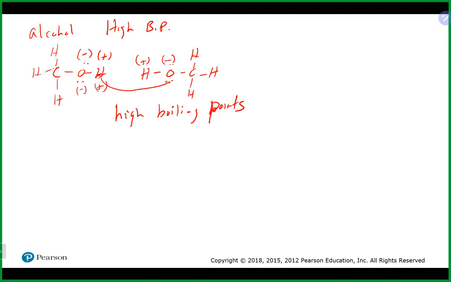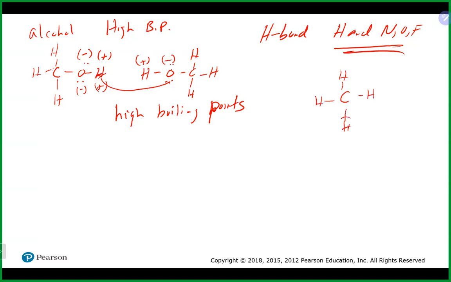In order to hydrogen bond, you need a bond between hydrogen and nitrogen, oxygen, or fluorine. So just because something has hydrogens, they cannot hydrogen bond. Something like methane here, even though it is loaded with hydrogens, cannot hydrogen bond because it is not bound directly to a nitrogen, oxygen, or fluorine. It's actually a nonpolar molecule, which means it's not going to hydrogen bond at all.